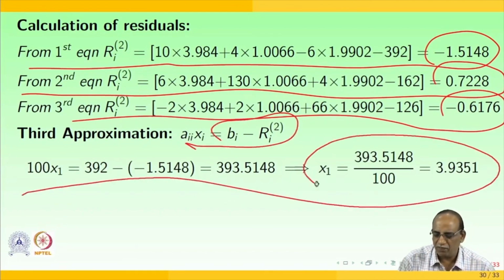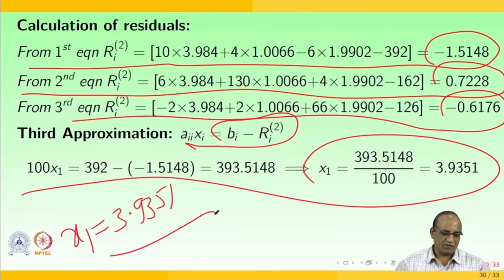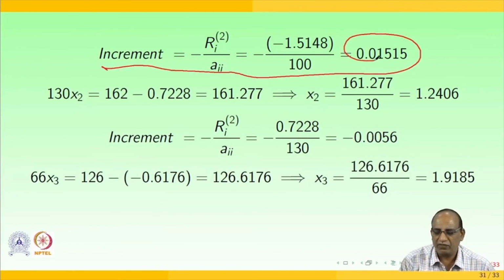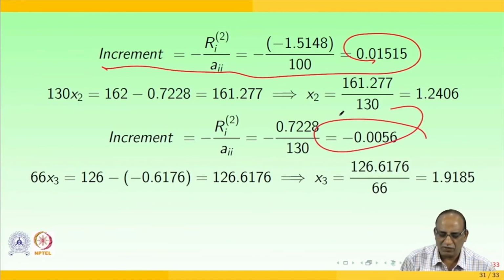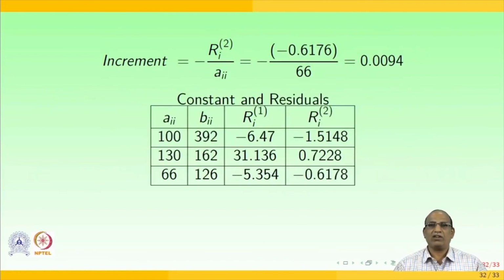So essentially, you will end up with this matrix. That is, x of 1 is equal to 3.935. And the increment will be like this. So you get this value. Second increment, you get this value. Third increment, you get this value. So these are the values which you obtain while doing this process of calculation.